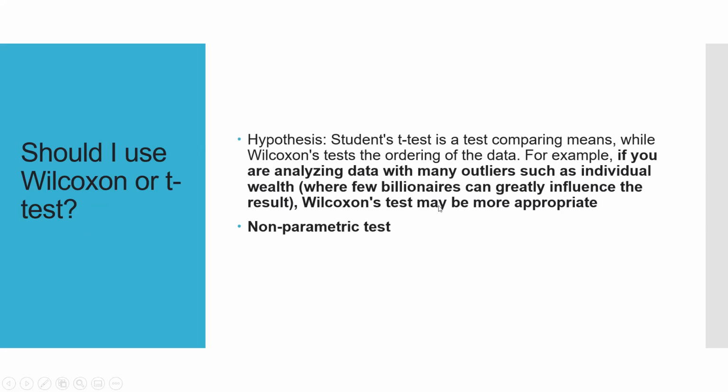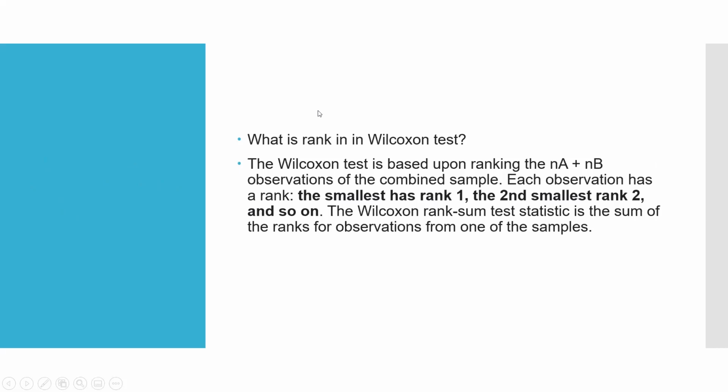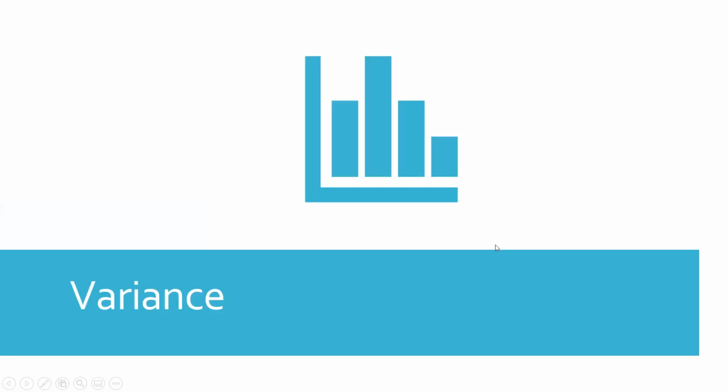It is an alternative non-parametric test, based on ranking from the smallest rank to the second to the third, and the Wilcoxon sum test is the sum of the ranks of observations from the samples.